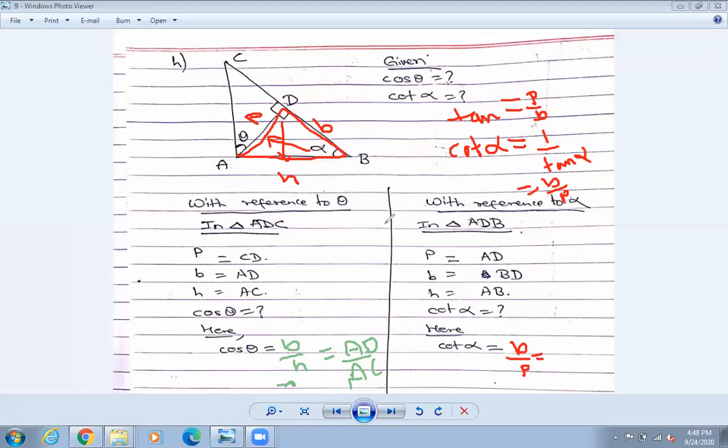What is the value of B? B means BD, divided by P. Perpendicular is AD. In this way, you will get the answer.